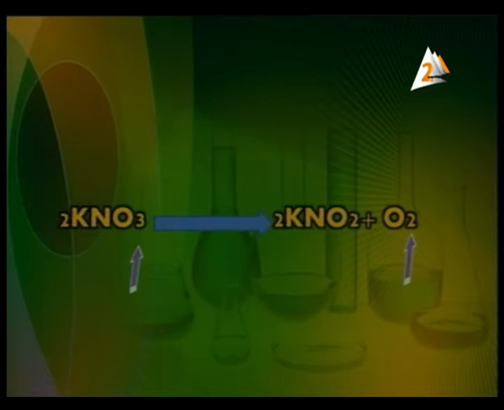Wonderful to know it decomposed to nitrite in the case of sodium and potassium. Don't forget the heat, because I work through thermal decomposition reaction. Wonderful. Fly to the other one.